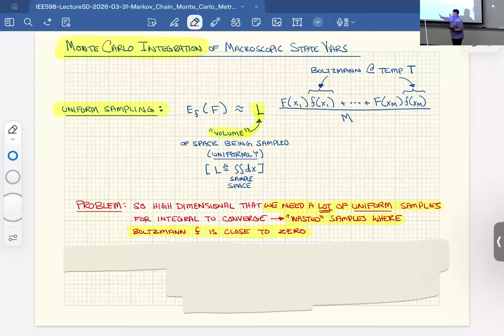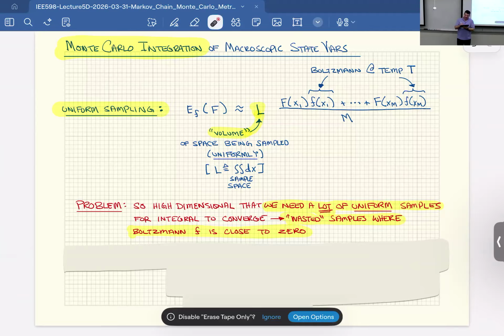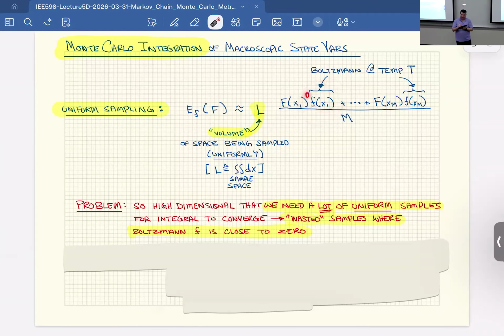So even though the Boltzmann says it's a very low probability that I'm going to have a bunch of gas clustered up in the corner there, that might come out as one of my samples. So it would be nice if I only could sample from the microstates that actually had meat here. Because if this Boltzmann density, or in this case, this Boltzmann probability, is low, like 0, then that sample doesn't really exist.